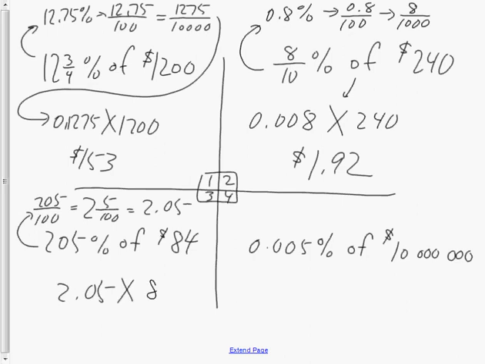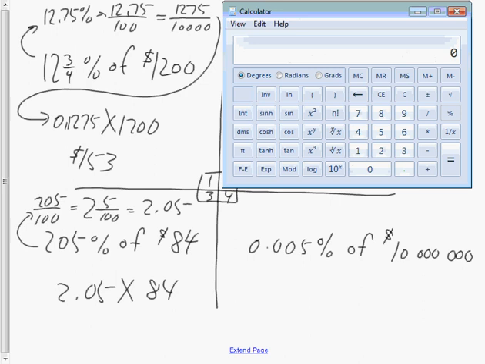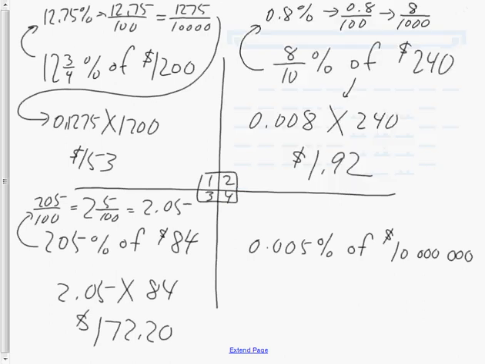So 2 5/100ths times 84. 205% of $84 is $172.20, which makes sense because if I had $84, 205% of it would be doubling it plus an additional 5%, right? Which makes sense.